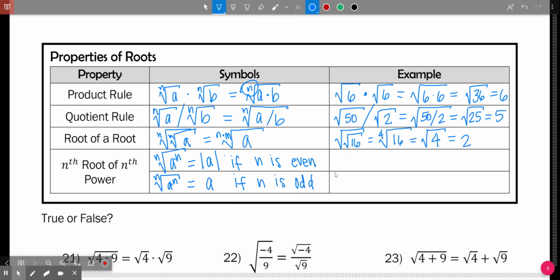So for example, if I'm taking the square root of -3 squared, the answer is +3 because it's the absolute value of what's inside. But if I'm taking the cube root of -5 cubed, then it is -5 because my n value is odd.